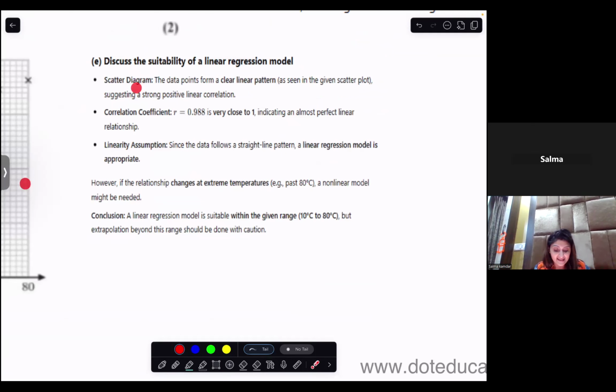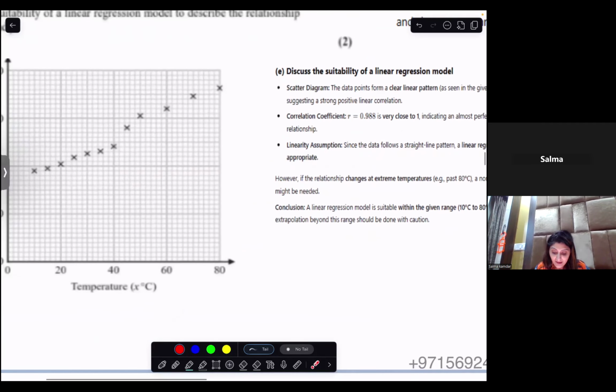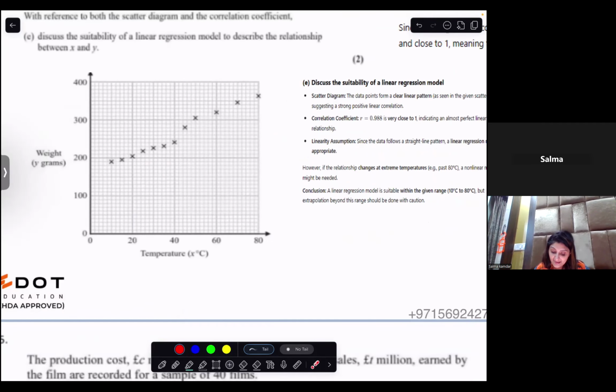So there is a scatter diagram. The data which is given to me forms a clear linear pattern as it is given in the scatter plot, suggesting a strong positive linear correlation. r is close to 1, indicating the same.